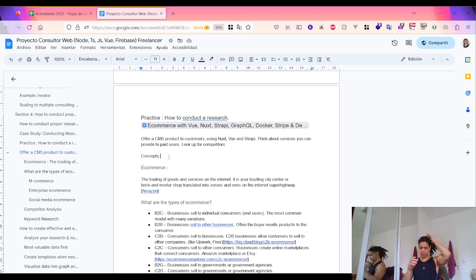So you have businesses, governments, and consumers, which are the actors in this model.